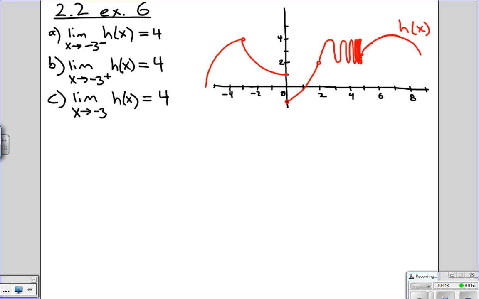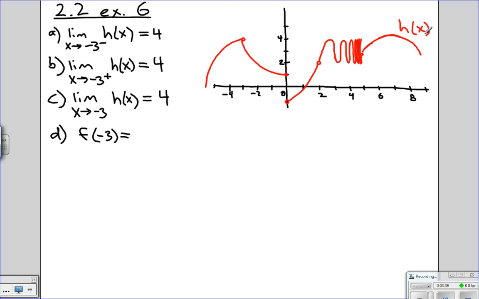Okay, good. Now part D, they just ask, well, then what is just f of -3? The limit from the left and the right are the same. The overall limit is equal to 4. What's the actual function itself equal to?